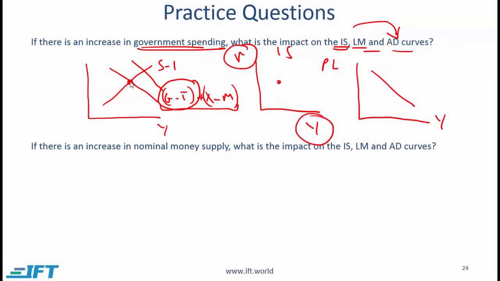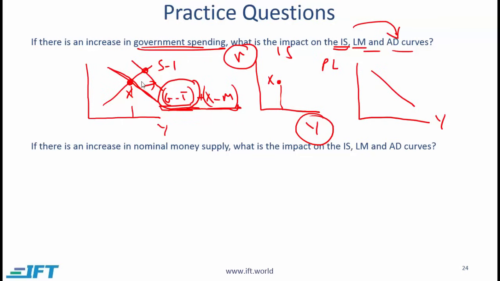Originally we were at this point X, and this X, let's say, corresponds to a given interest rate and a given level of output. If interest rates stay the same but government spending goes up, then effectively what is happening is this curve, which was the deficit plus net exports, is shifting to the right.